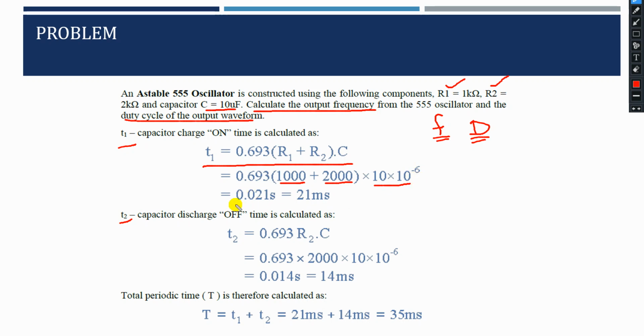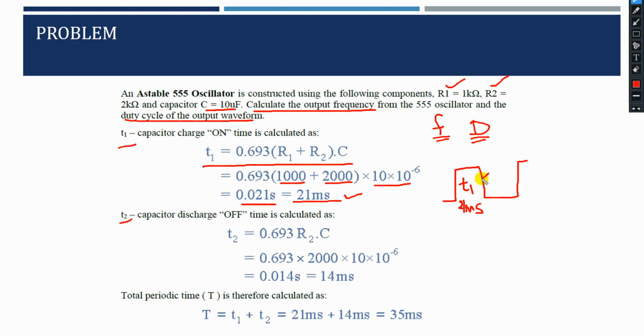If you calculate this, you will get 0.021 second, nothing but 21 milliseconds. So that is your T1, the on time. On time is 21 milliseconds.